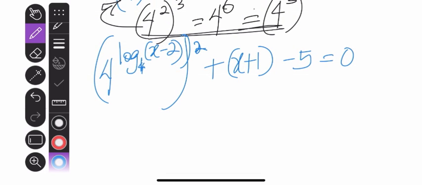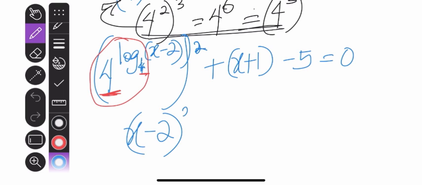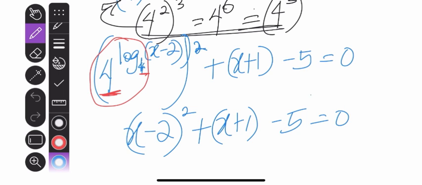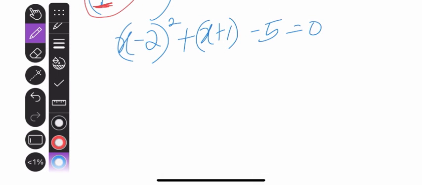So what should be the next step? Judging from what I just did here, the same thing happens: 4 and 4, the power and the base. So we'll be left with x minus 2 raised to power 2, plus x plus 1 minus 5 equal 0. Then we can open that expression.